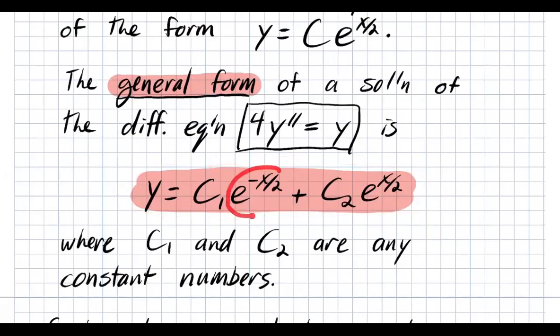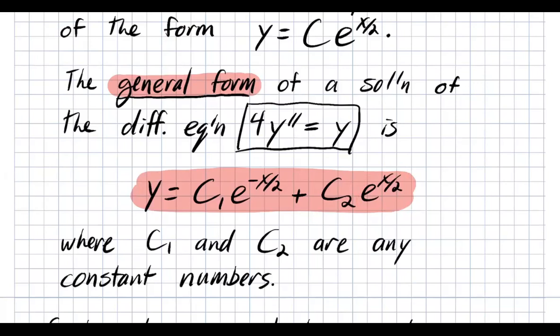We can take any constant times this function, e to the negative x/2, and we can add any other constant, it doesn't have to be the same constant, times e to the x/2.